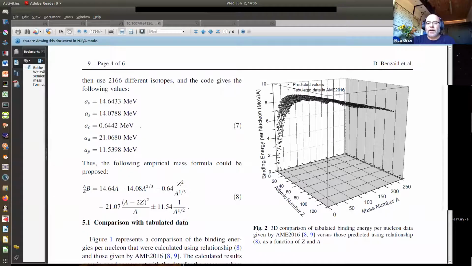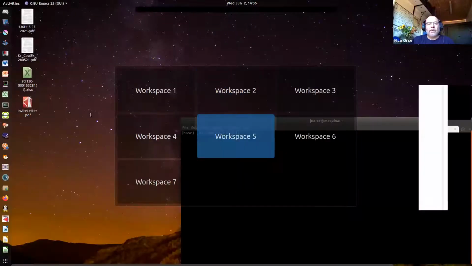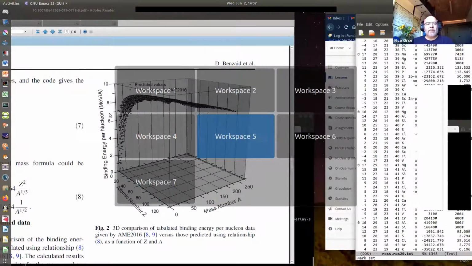But so far, I want you to appreciate that these are the coefficients that I have been using. 15.75 is probably not very far from the value these guys are claiming, 14.6. The surface is 14.07. I have here 17.8.